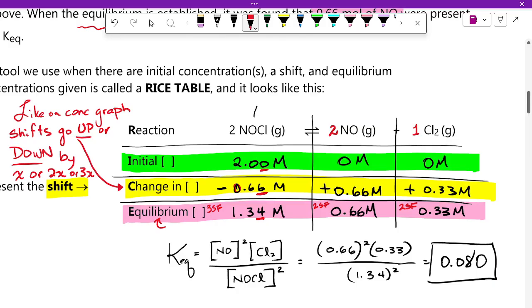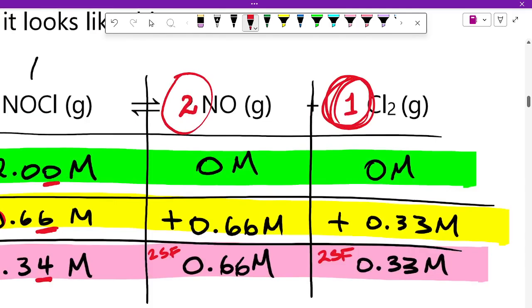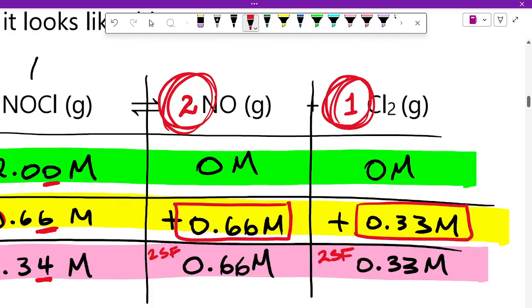They are proportional to the coefficients. Yes? Because every time you make one chloride, you make two NOs. So it should make sense that the change in concentration, you make twice as much NO as you do Cl. Okay, so just remember that when you're looking at the changes in your rice table, it's always going to be proportional to the coefficients, right?